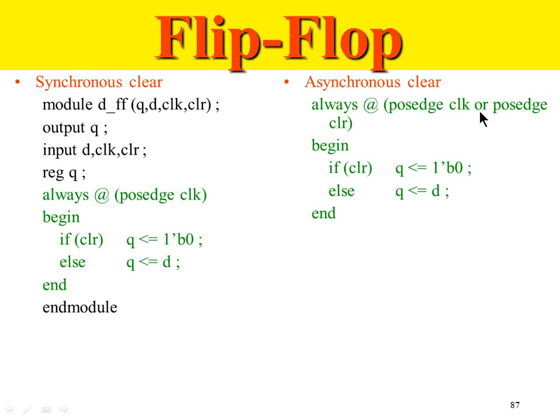It may happen that the positive edge of clear comes at a time when there is no positive edge of clock. But still, that positive edge of clear will trigger the always block. At that point, if clear is equal to 1, output will be 0, else output will be D. In this case, clear is not dependent on clock, hence it is asynchronous clear.